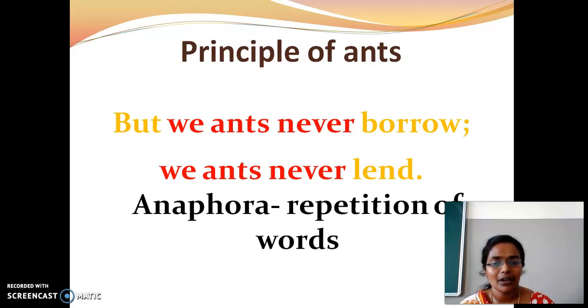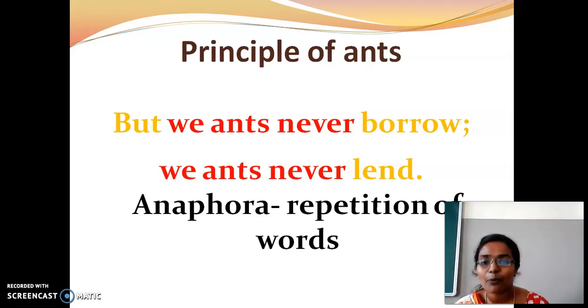We ants never borrow, we ants never lend. So here there is a poetical device that is called anaphora. Anaphora means repetition of words. Are you clear with this, children? Yes. Shall we start reading the next stanza of the poem now? Okay. So now we are going to read the next stanza of the poem.